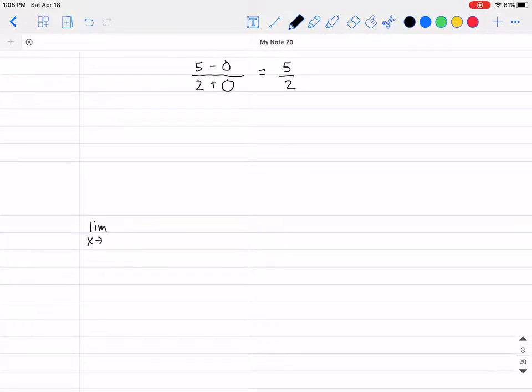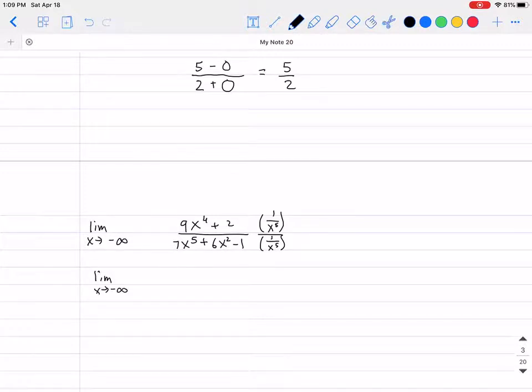This time, let's say the limit as x approaches negative infinity of 9x to the 4th plus 2, divided by 7x to the 5th plus 6x squared minus 1. Again, let's take the same idea. We'll divide both top and bottom by the largest monomial, which in this case is 1 over x to the 5th.